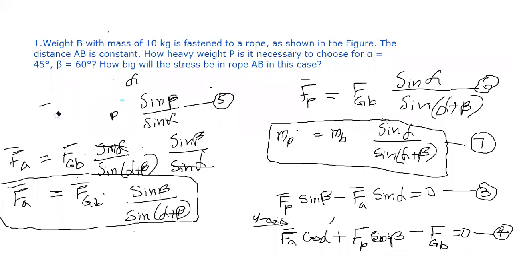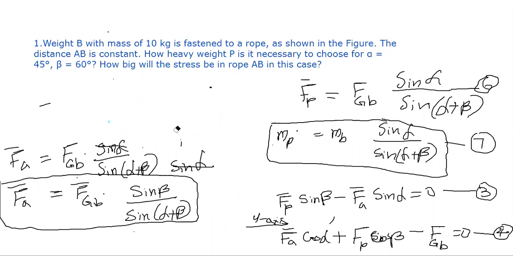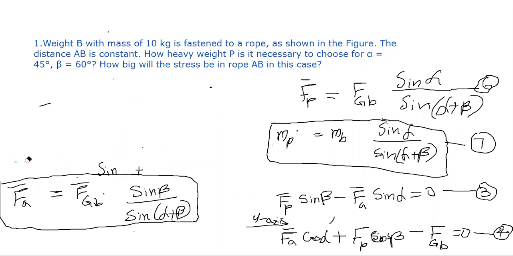Mass of B is 10 kilogram, alpha is 45 degrees and beta is 60 degrees. So let us substitute it.